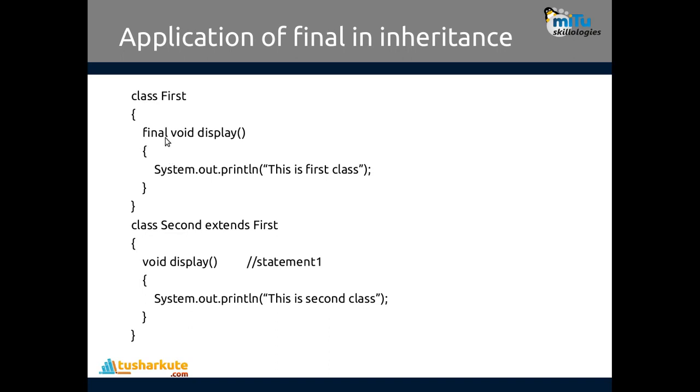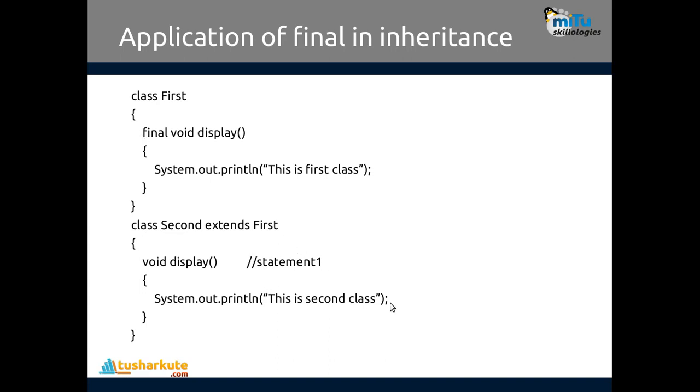The keyword final is written in front of the method. Now when the method is declared as final, this method cannot be overridden in the subclass. Remember, overriding of final methods is not possible. So it will show an error at statement number 1, that a final method can't be overridden.